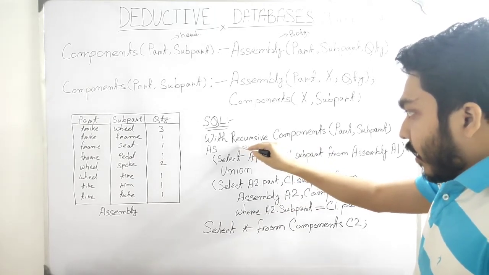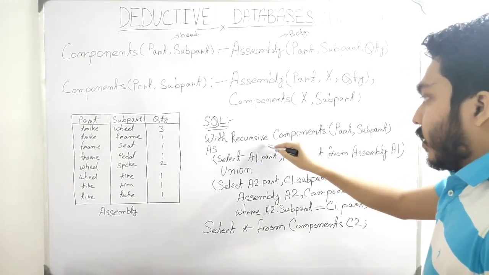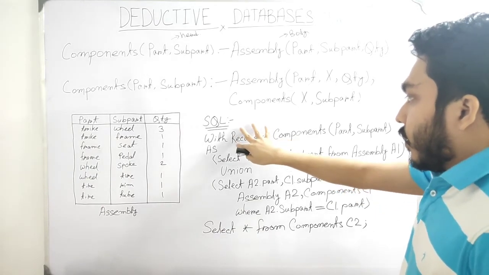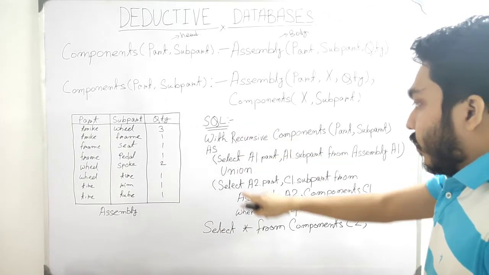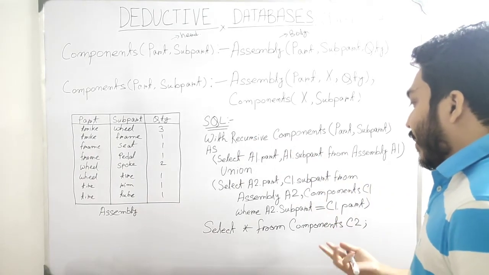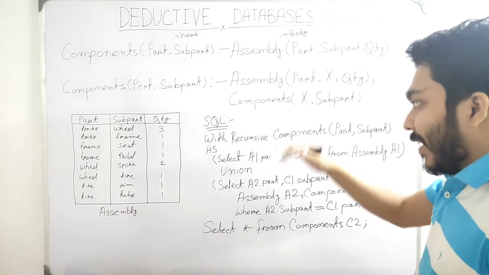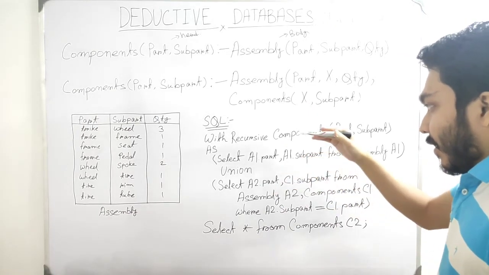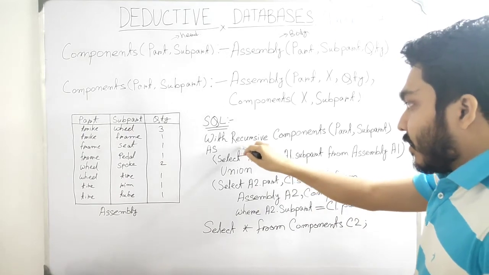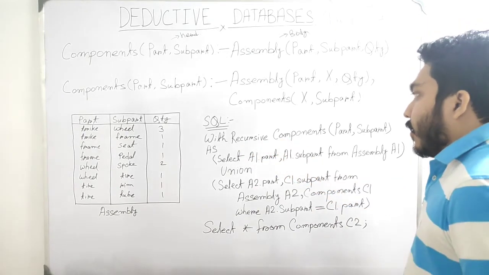That is why we are using recursive. Without the recursive clause, the query will run only a single time and you will only get the first level; after the second and third levels, it will not give you the answer if you do not write the recursive clause here.